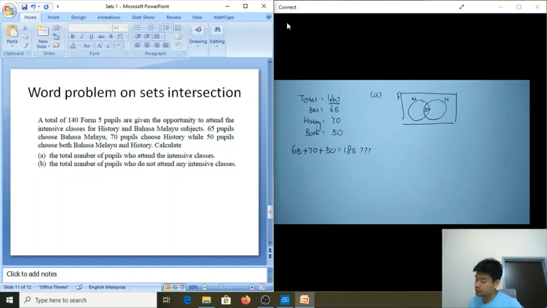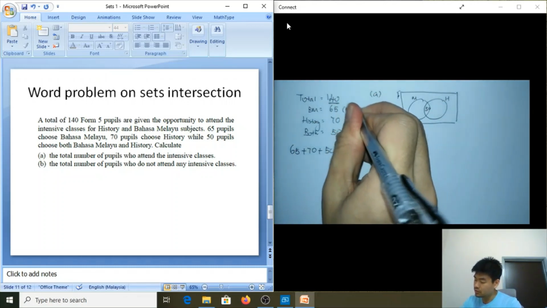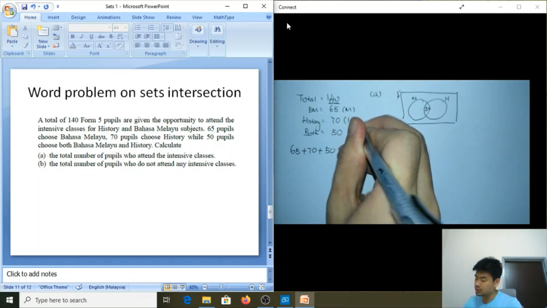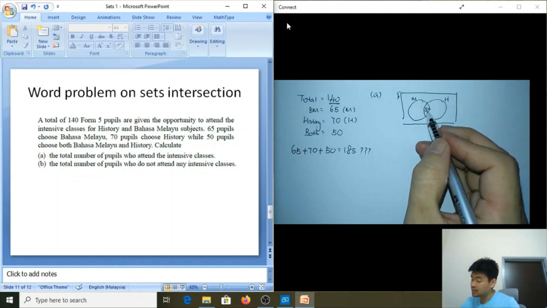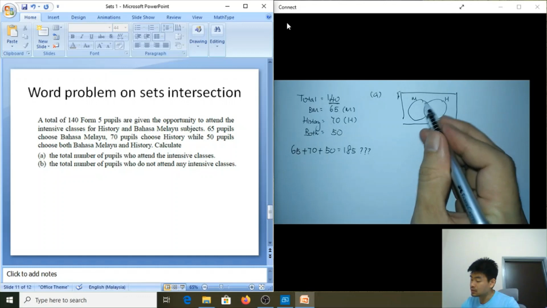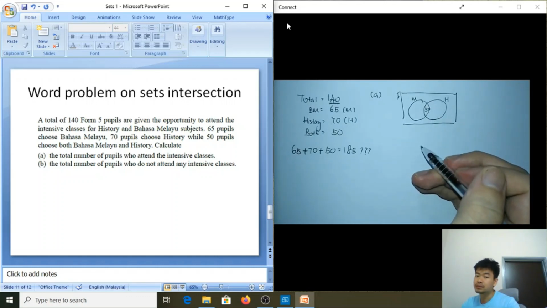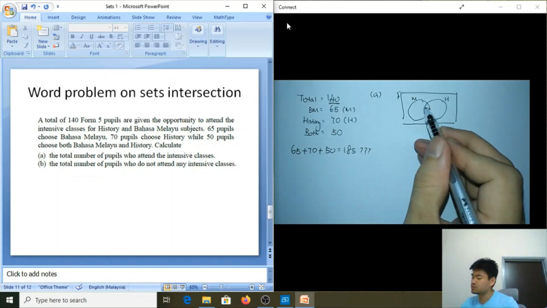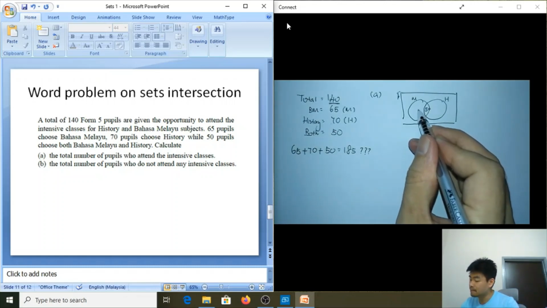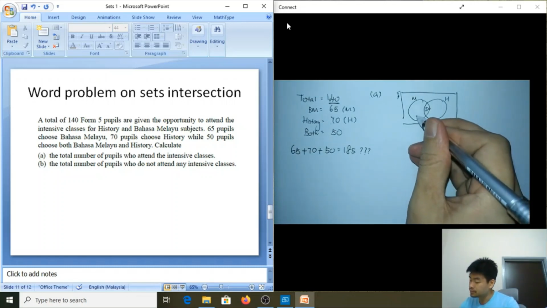So 50 are attending both classes, and the intersection part here is 50. Now how do I find the real number of the students who are attending the BM classes only? This part.